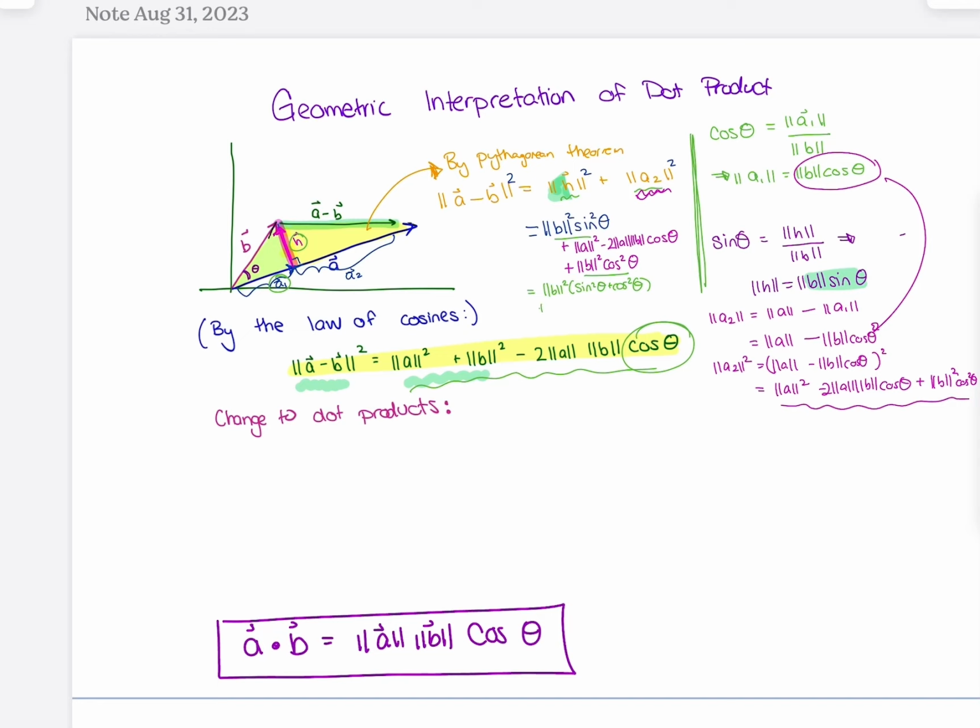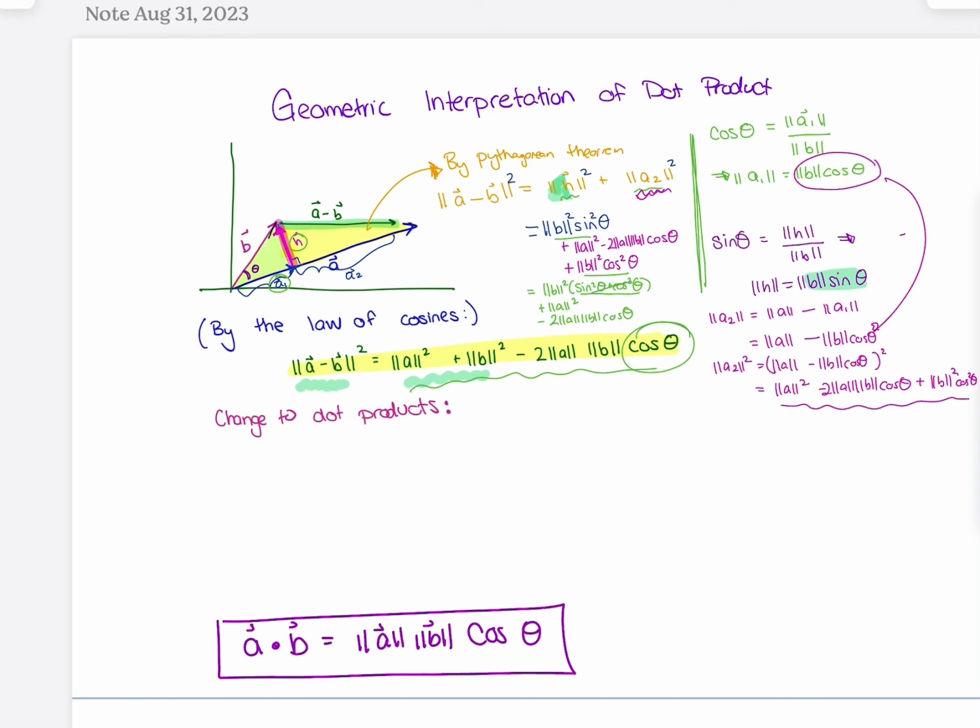And then I still have the plus magnitude of A squared, and then minus 2 magnitude of A, magnitude of B, cosine theta. Sine squared plus cosine squared theta is 1, so that goes away.